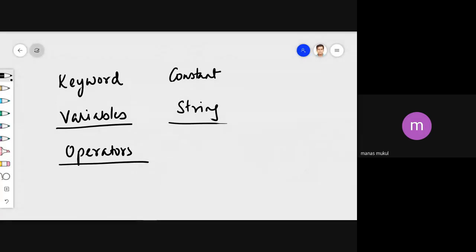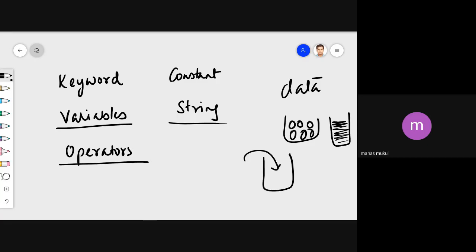Now, that day I spoke to you about how when you have data in a program, this data needs to be stored in some container, right? This data needs to be stored in a container. So if you have a cup, or if you have a glass and that glass contains water, this glass is basically like a variable. So if you have a glass, you can either put water in the glass, or you can put milk in the glass, or you can put juice in the glass.